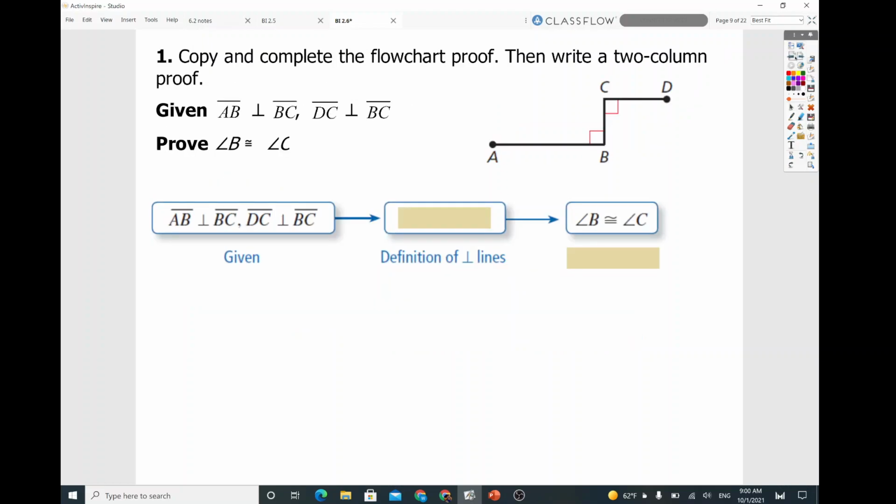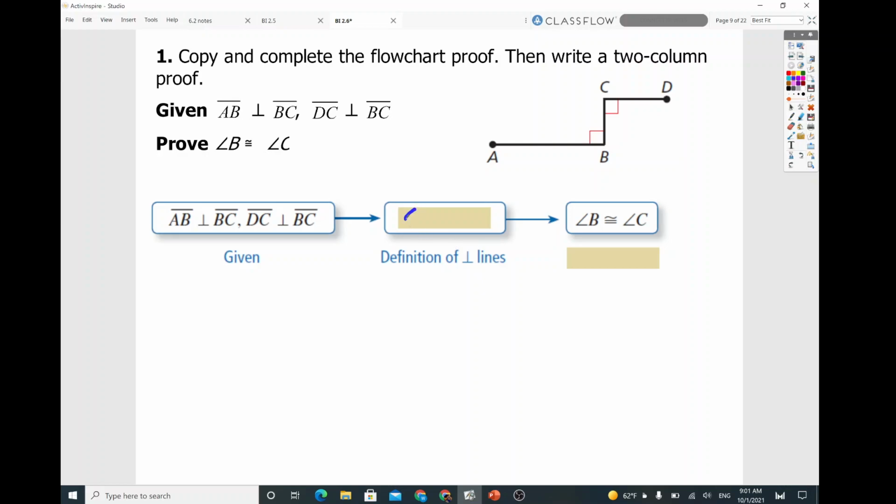Let's see another one. AB is perpendicular to segment BC, and segment DC is perpendicular to segment BC. By the definition of perpendicular lines, this forms a 90-degree angle.